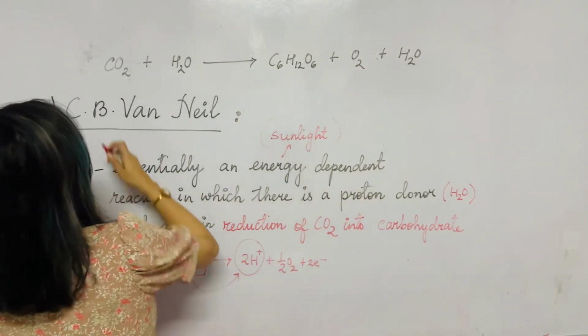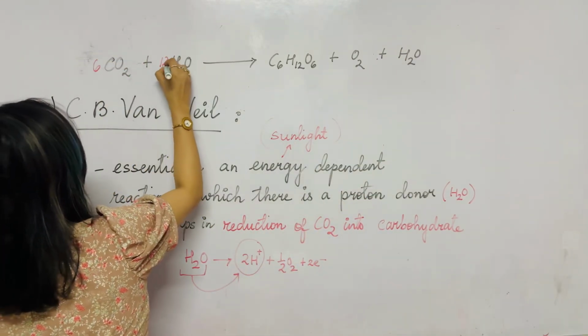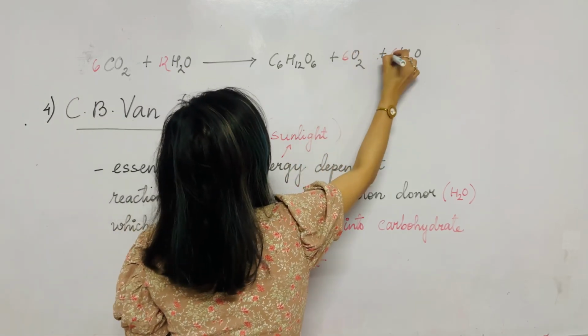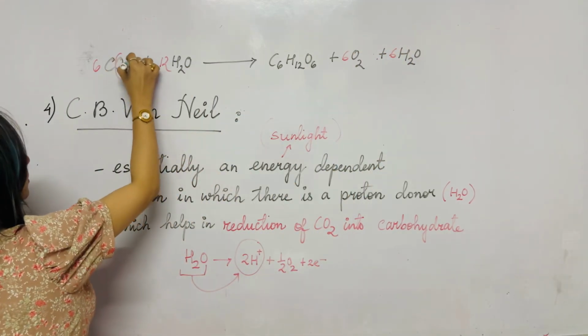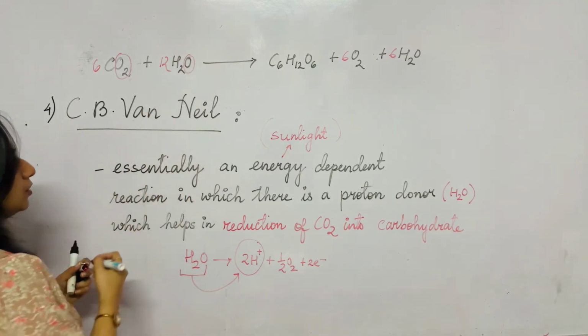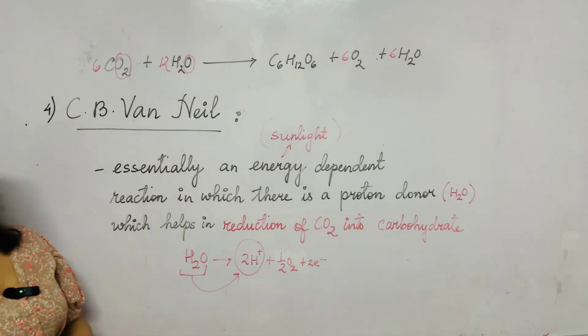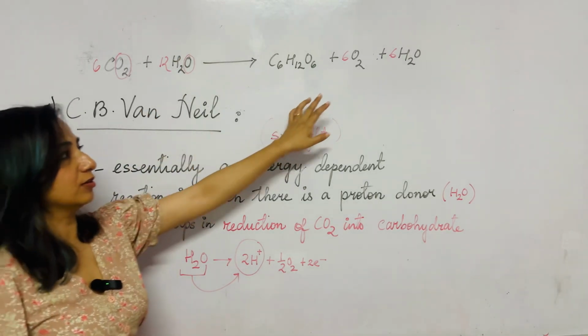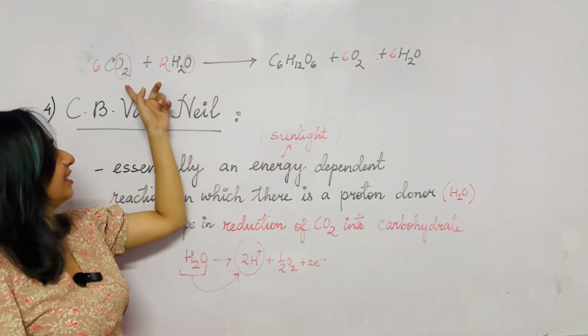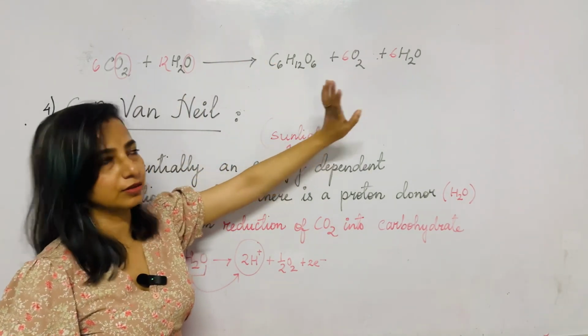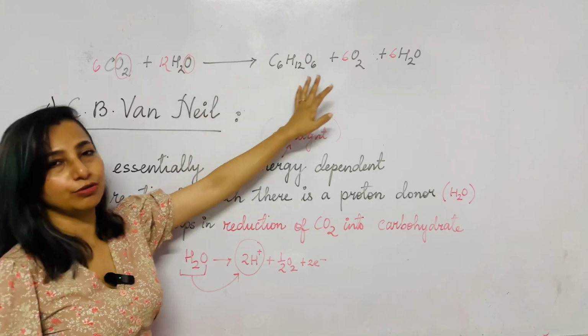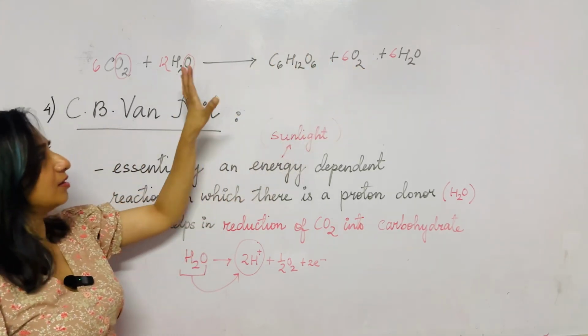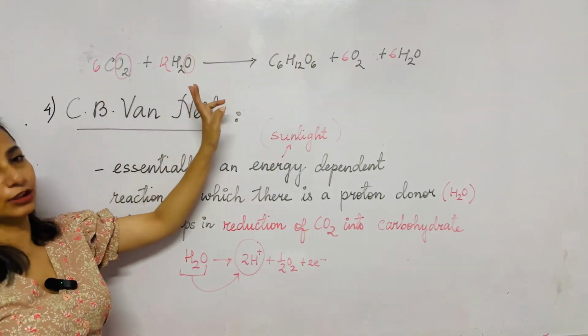So CO2 also has oxygen, water also has oxygen. So there are many possibilities for who will be releasing oxygen. Maybe carbon dioxide alone is producing oxygen. Maybe water is producing oxygen. Maybe it's produced combinedly by both.